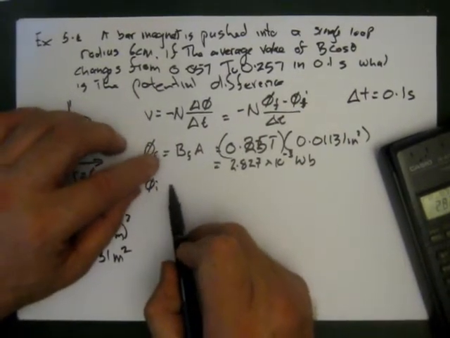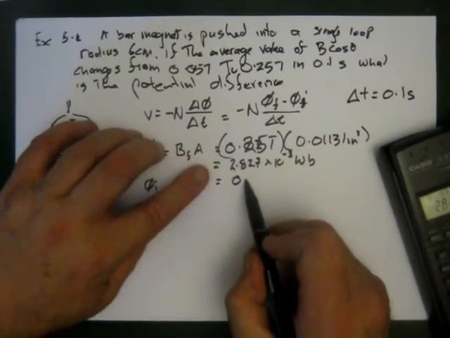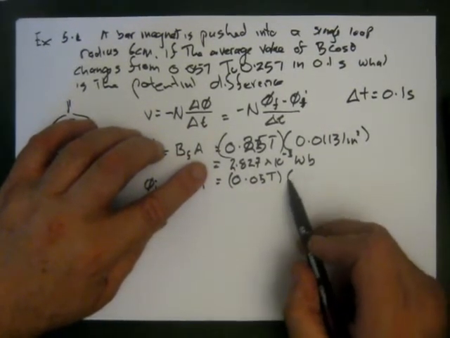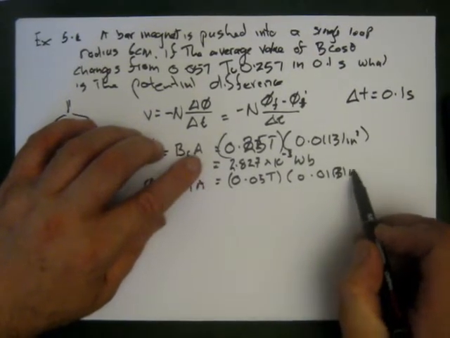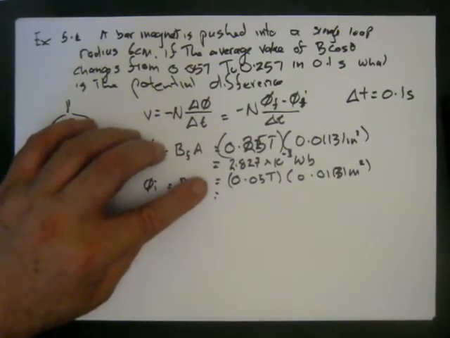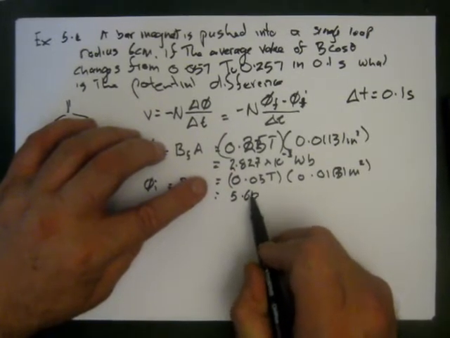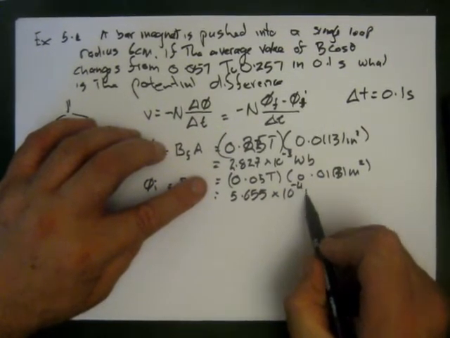Flux initial equals B initial, which is equal to 0.05 Teslas times 0.01131 meters squared equals 5.655 times 10 to the negative 4 Webers.